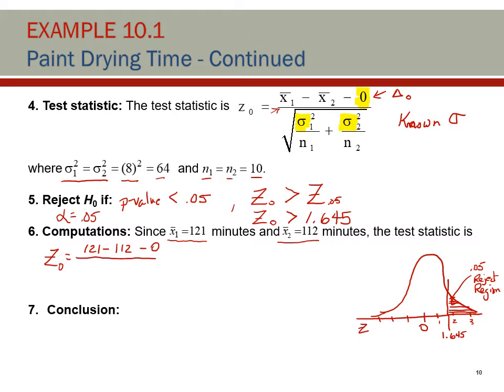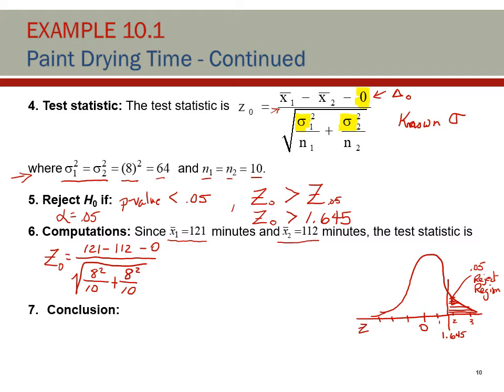Divide by, and then we want the standard error, so it's the square root of sigma 1 squared is 8 squared divided by n1 is 10 plus another 8 squared for sigma 2 squared over n2 is 10. And all those values are coming from right here. And those were just given to us as summary statistics. So if you try to run this in Minitab, you're going to run it with summary statistics.